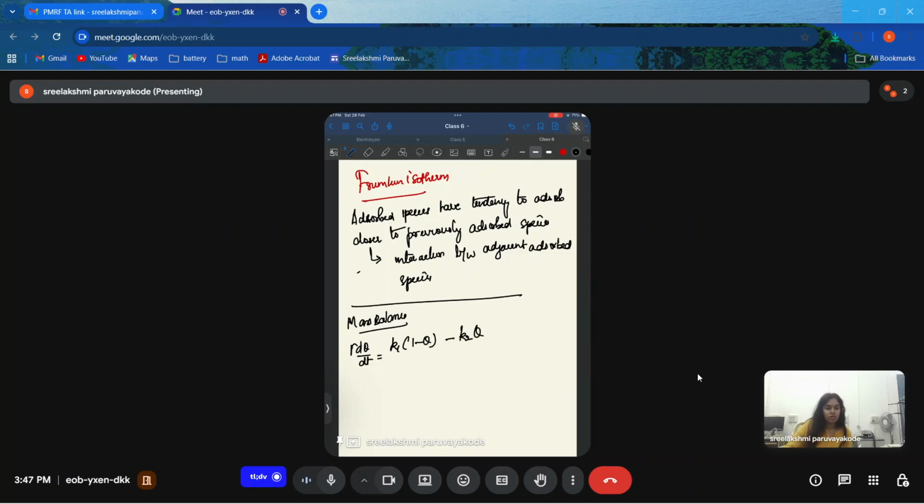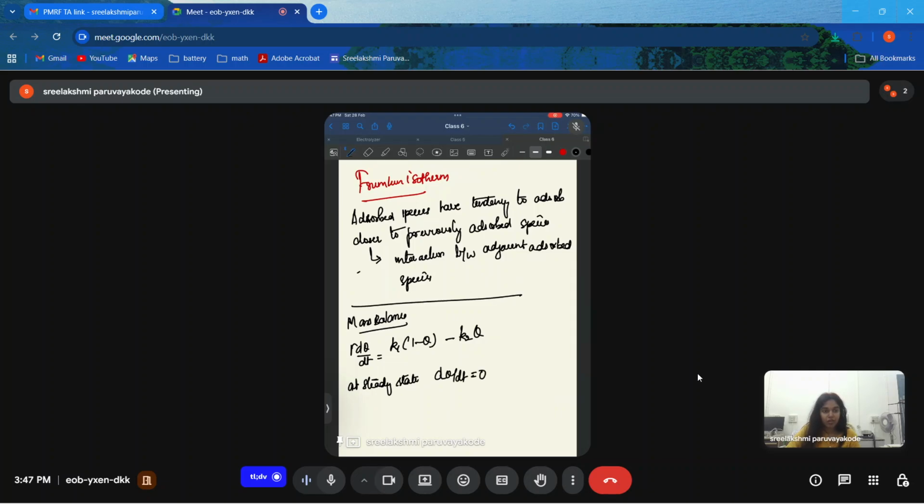Now we are going to consider steady state. So at steady state, what happens? d theta by dt equals 0.